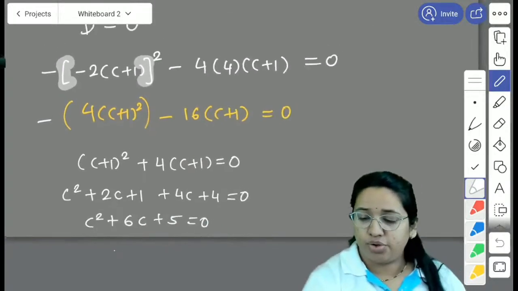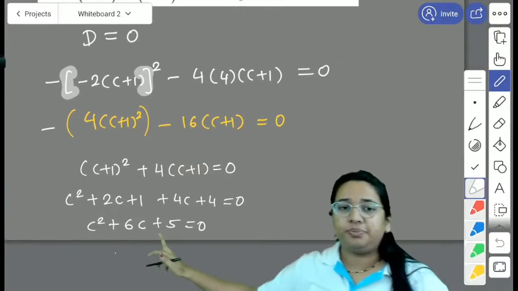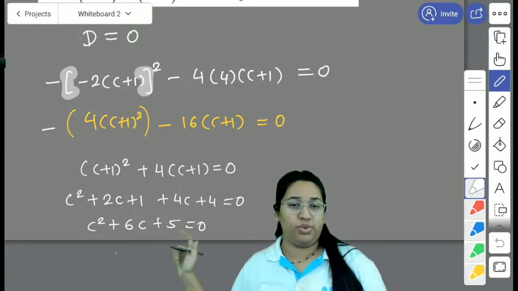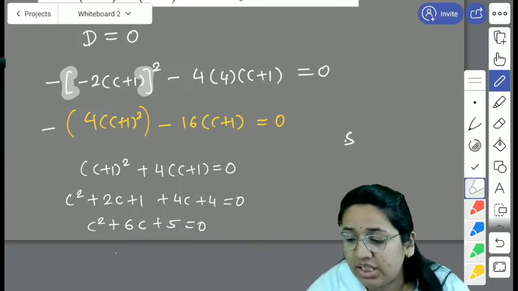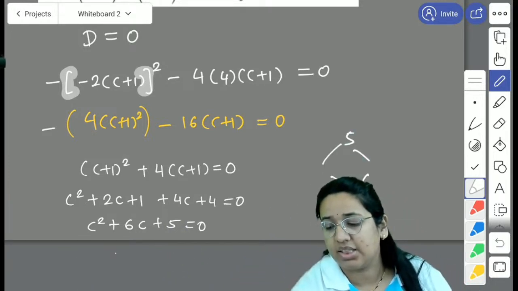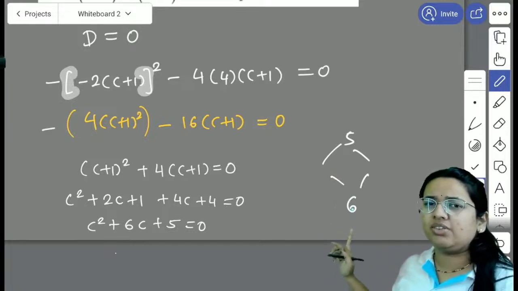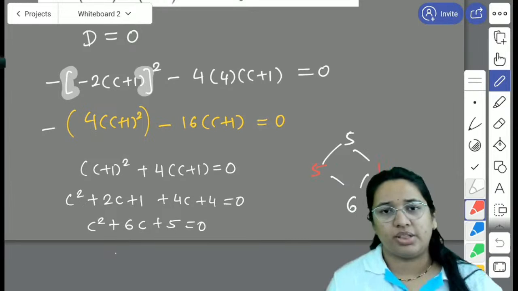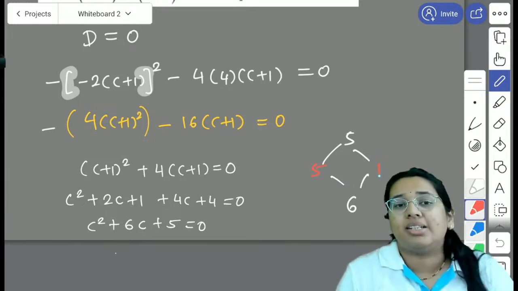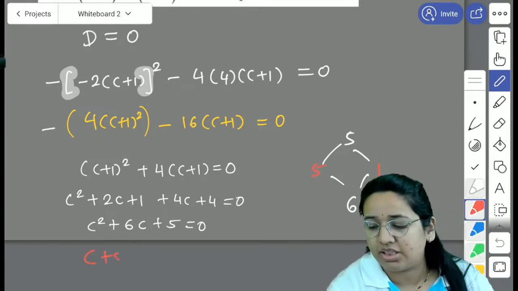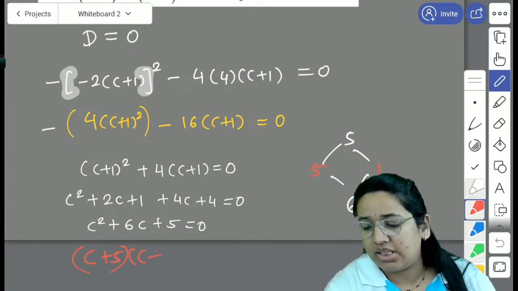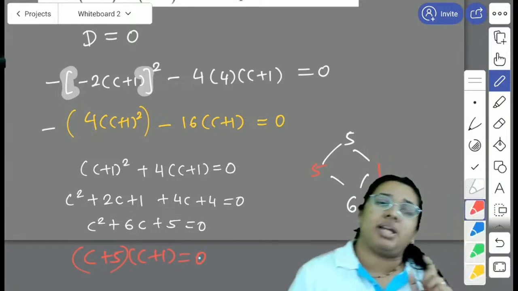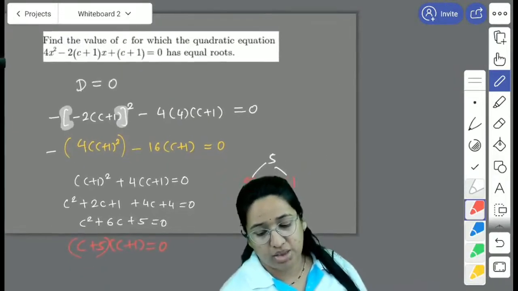We just have to find factors of 5, which is 1 into 5, which will give us the sum as 6. So obviously it will be 5 and 1. So you will get (c plus 5)(c plus 1) equals 0. So the value of c will be either minus 1 or minus 5.